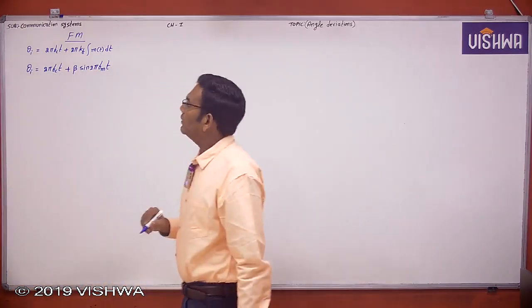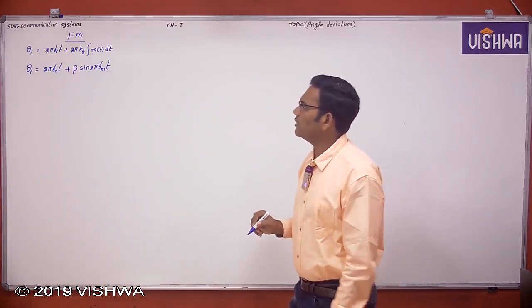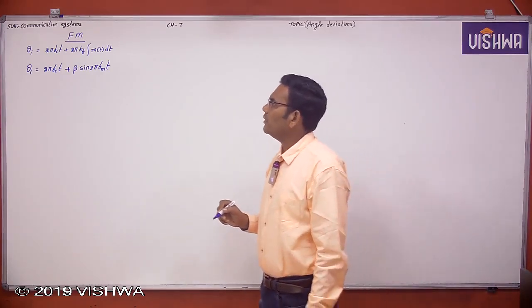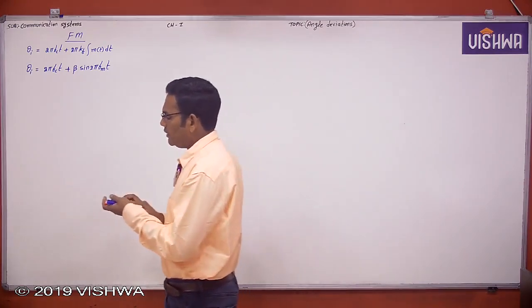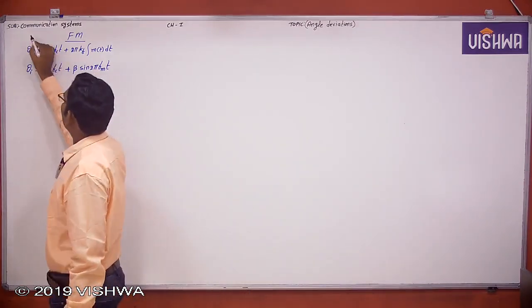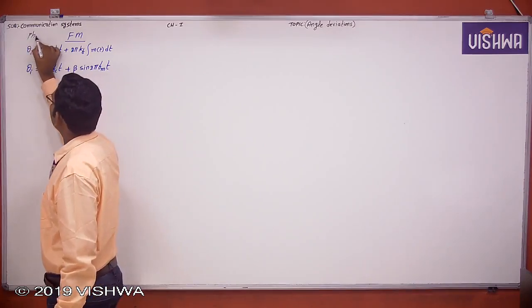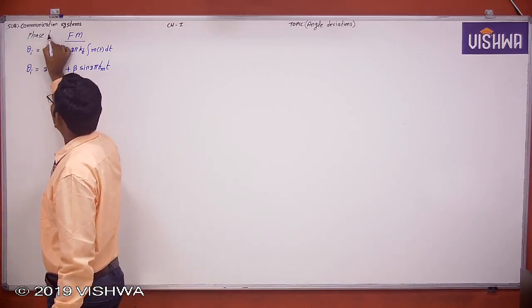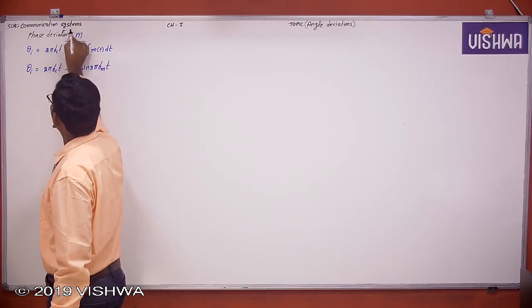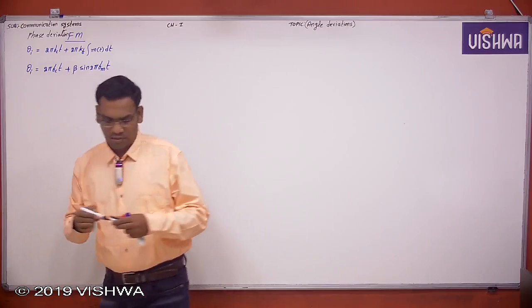We want a frequency modulation. Generally, what type of deviation is there in frequency modulation? In frequency modulation, frequency deviation. But what I am asking is phase deviation. Phase deviation in frequency modulation.